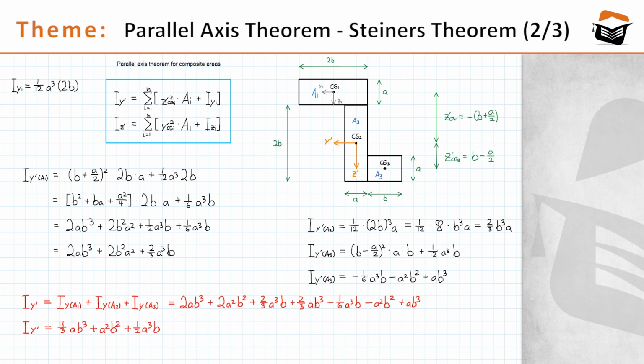All right, finally we have arrived at the final value for I sub y prime, and that's the area moment of inertia of the composite area with respect to y prime. If you wanted to do the calculation on I sub z prime, you would do analogous steps. Don't worry, I'm not going to do the math here because I have spent more than enough time calculating I sub y prime. But I hope that the patience has paid off and that you have learned how to calculate the area moment of inertia of a composite area.